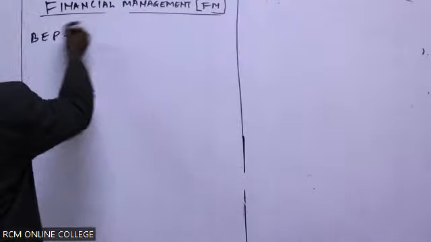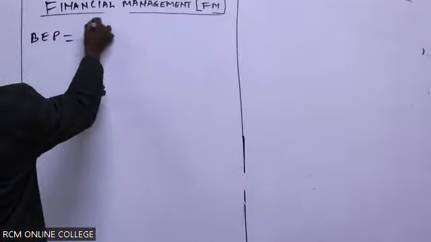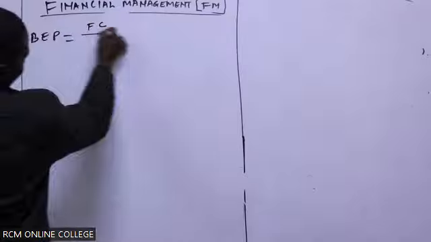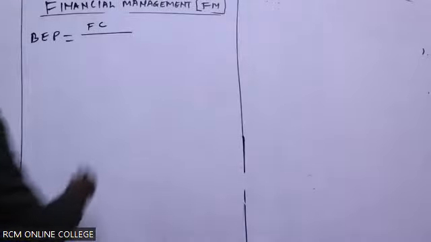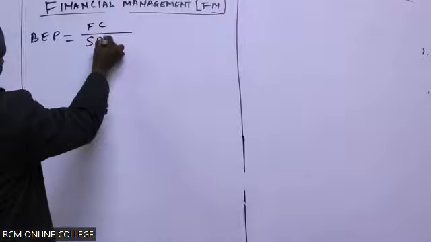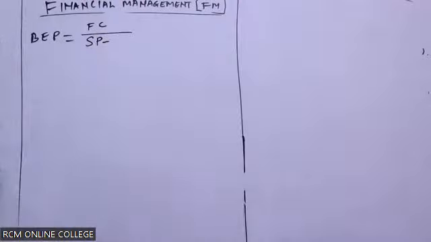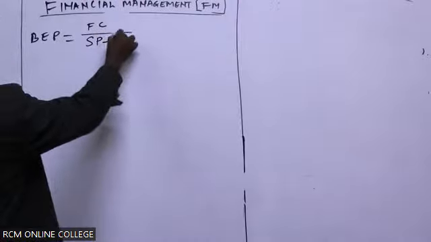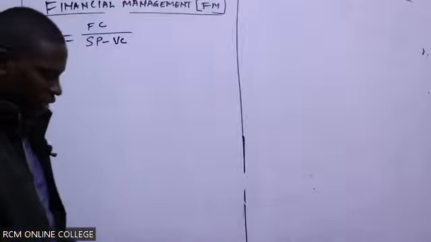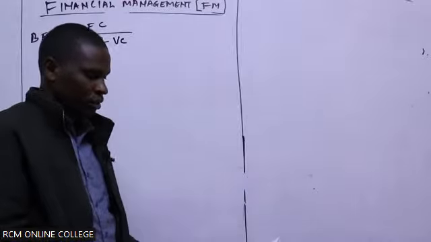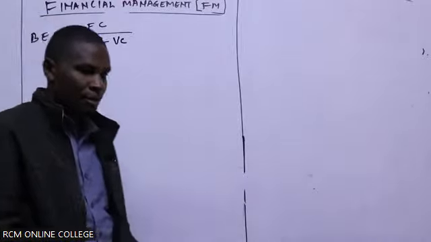So you say it is given by fixed cost divided by whatever the examiner has given us here. You can see we have selling price minus the variable cost. Do we have variable cost? Yes, we have variable cost. So that when you get there, you will have finished with that. In fact, it will help you to first compute the BEP.